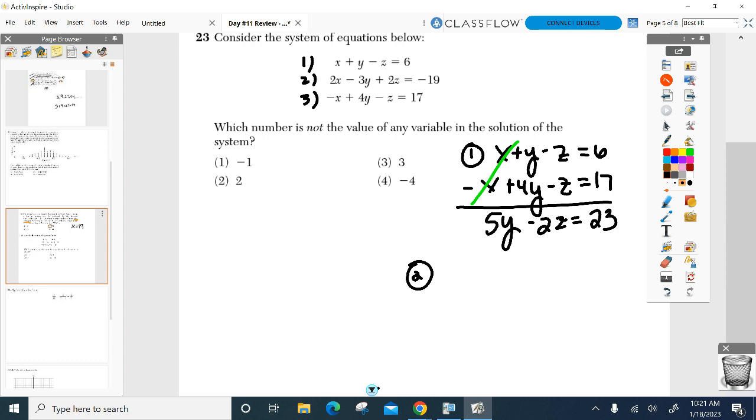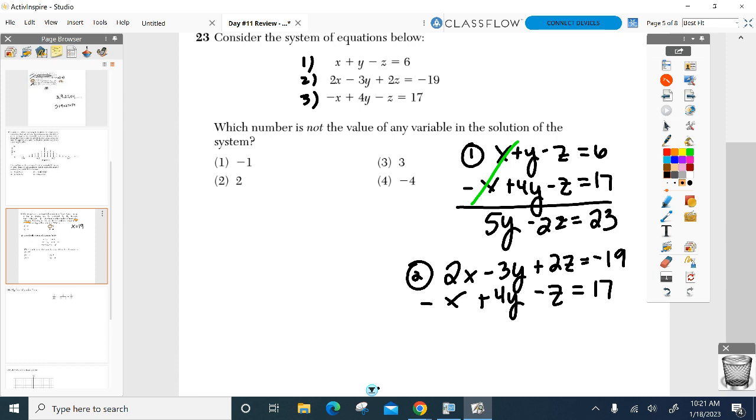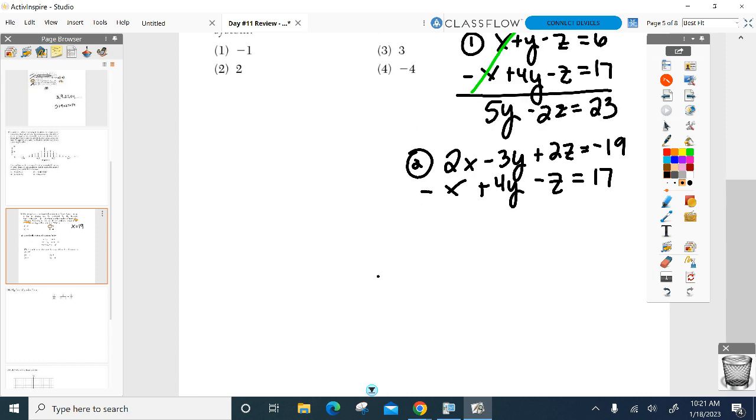Is everyone all right with that? So 2x minus 3y plus 2z equals -19. And then right below it, -x plus 4y minus z equals 17. Relax, Tim. We're getting here.